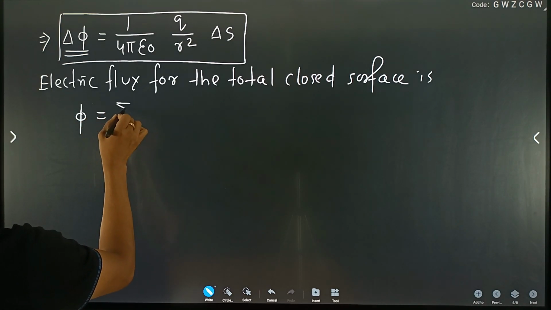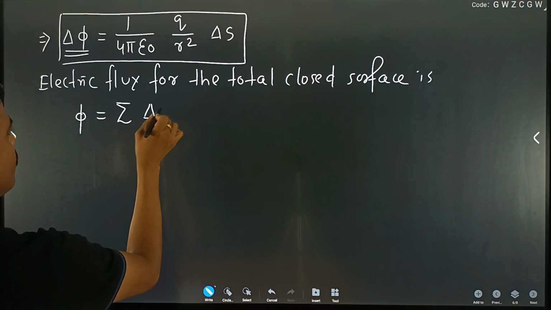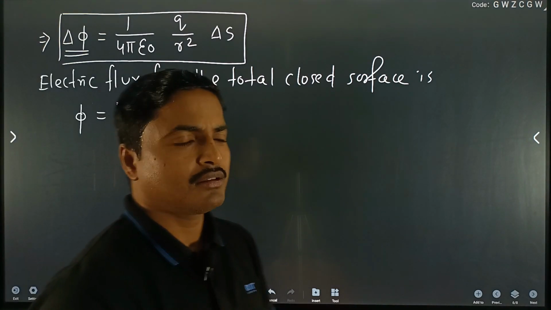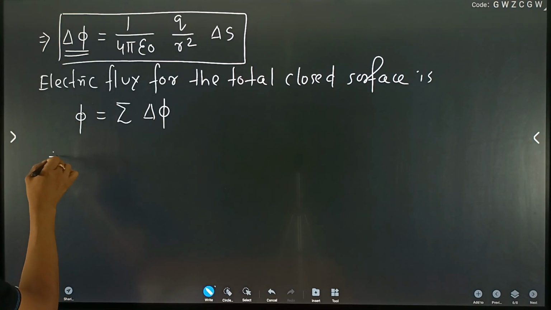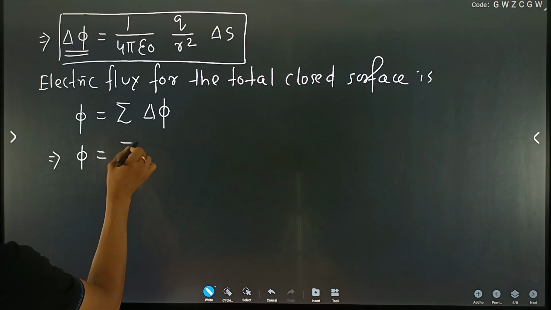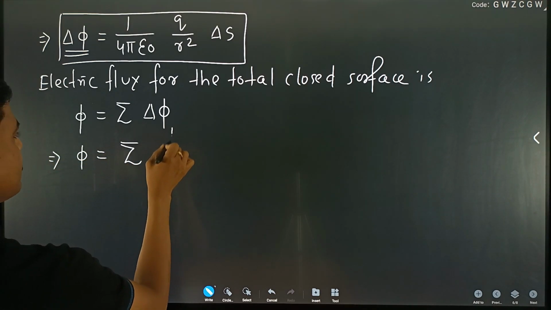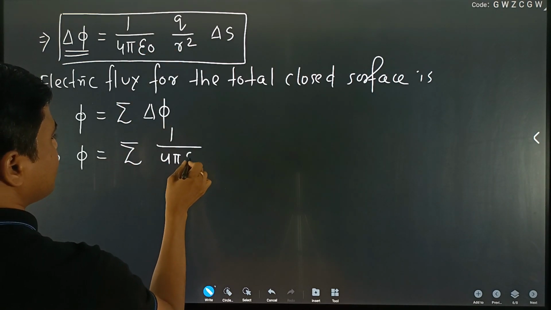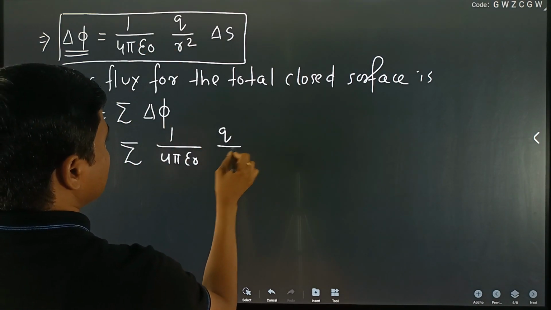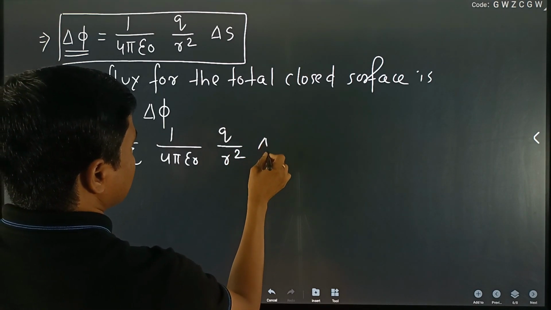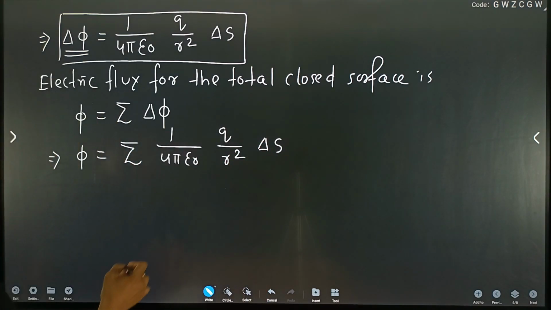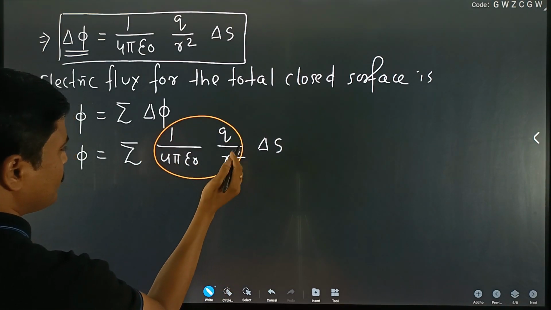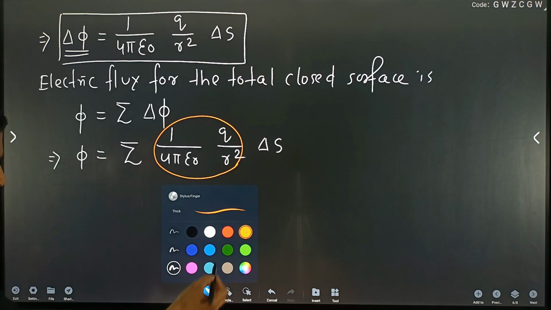Phi is equal to summation of all the small electric flux, that is del phi, and this is equal to 1 divided by 4 pi epsilon 0 Q divided by R square multiplied by del S, and 1 by 4 pi epsilon 0 Q by R square we take out of the summation.